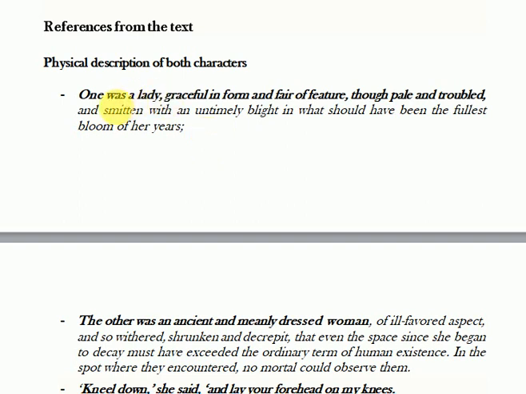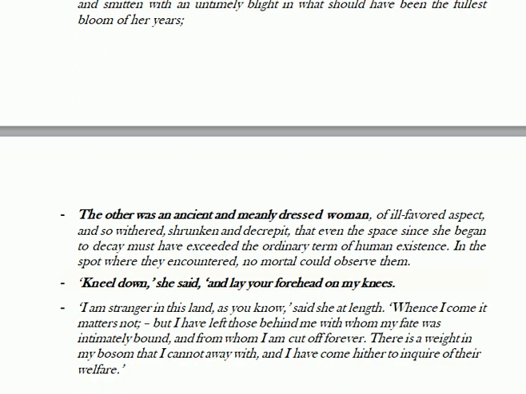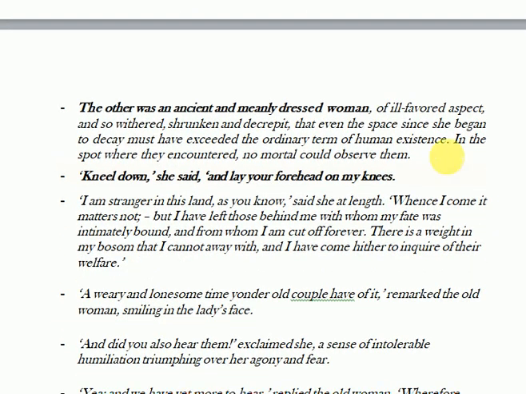The young woman was described as a lady, graceful in form and fair of feature, though pale and troubled. The other was an ancient and meanly dressed woman, that is, the withered witch. And the way she says to her, kneel down and lay your forehead on my knees, was her attitude towards the young woman.